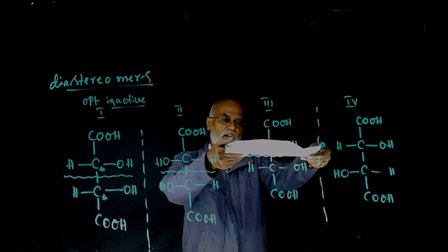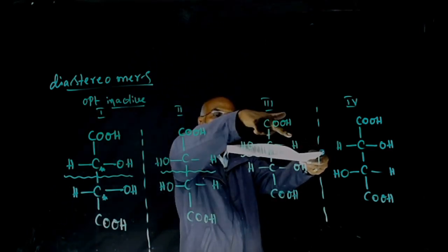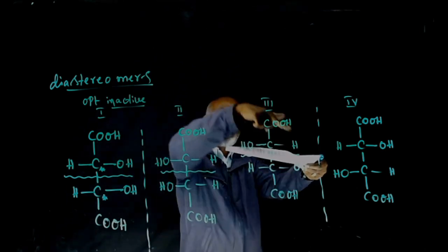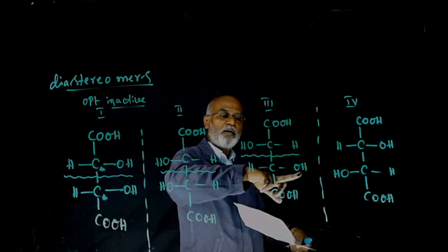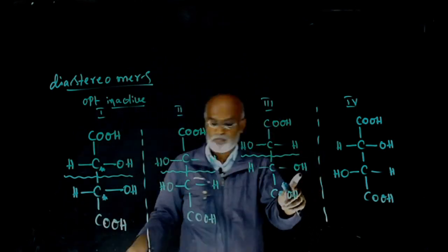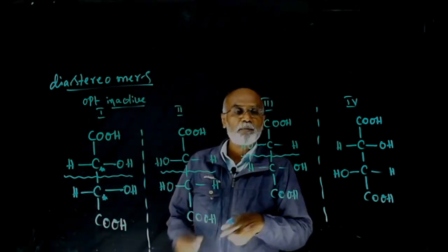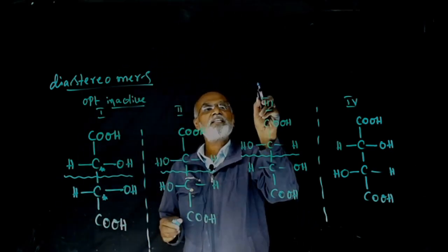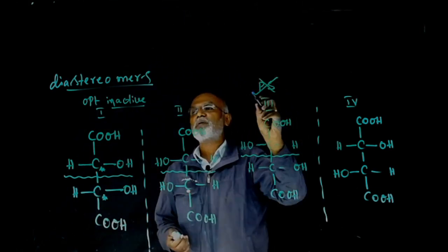If you hold the mirror like this, we should be able to see this OH here. But here we see H, so this is not an object and mirror image. There is no object and mirror image relation, so it has no plane of symmetry. So, absence of plane of symmetry, and this becomes optically active.